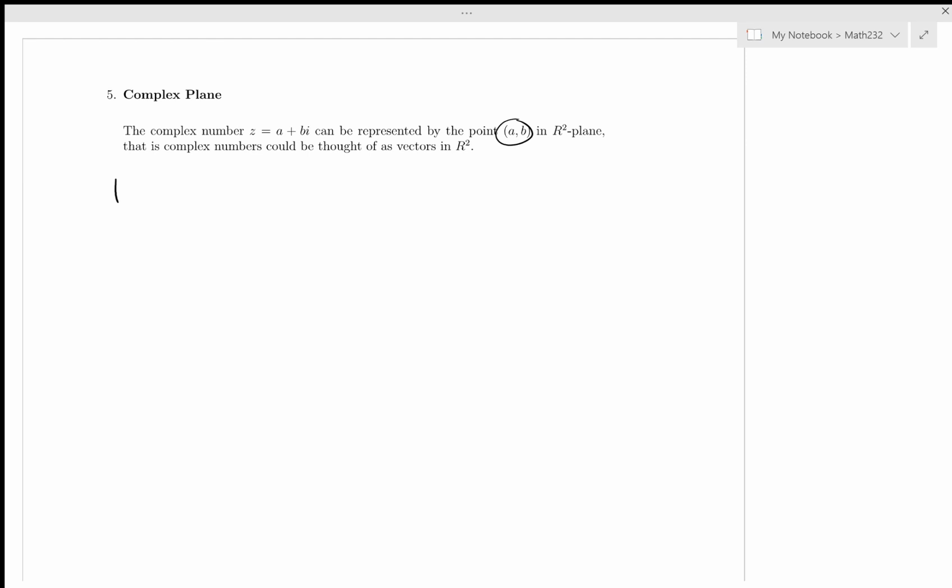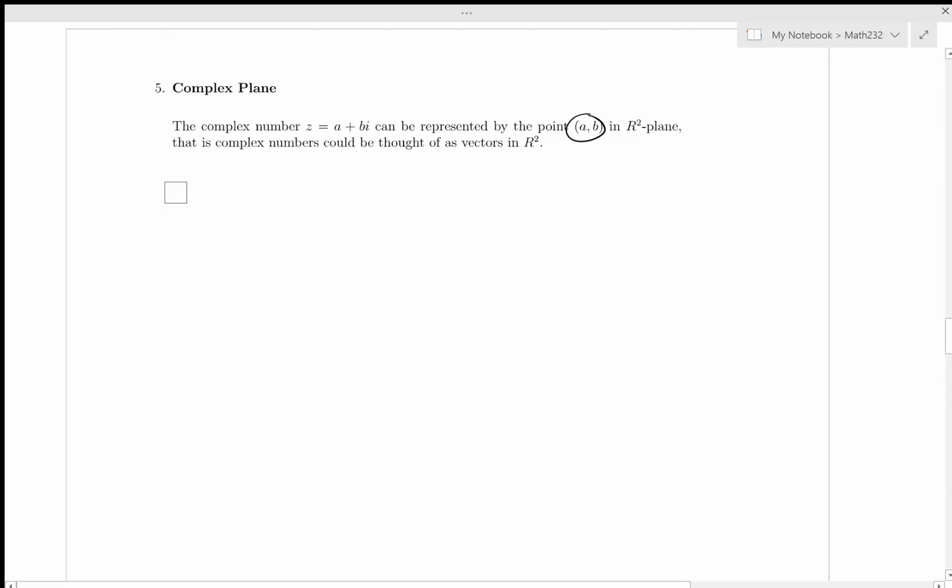Well, one way we sometimes think of them is as a point. The point P equals (a, b). Sometimes we've been thinking of that as a vector, let's just call it v, (a, b), like that.